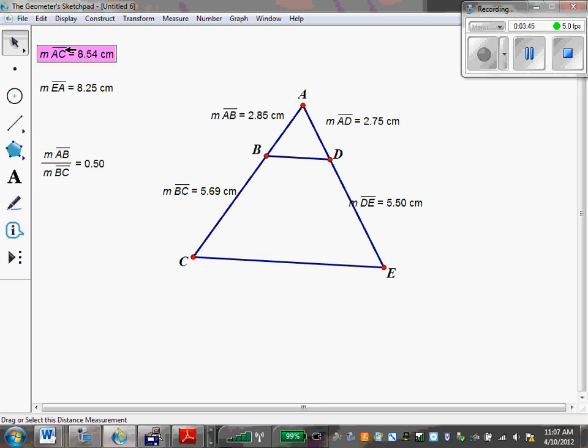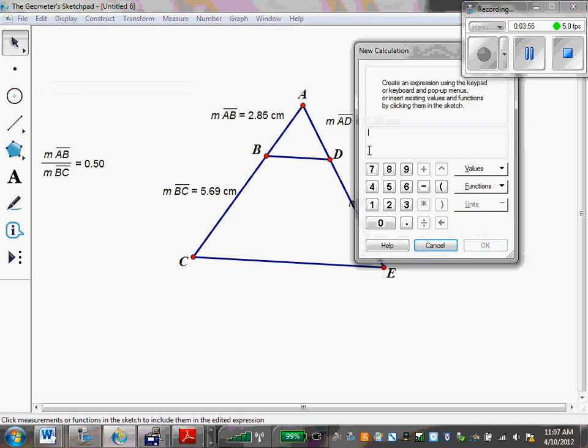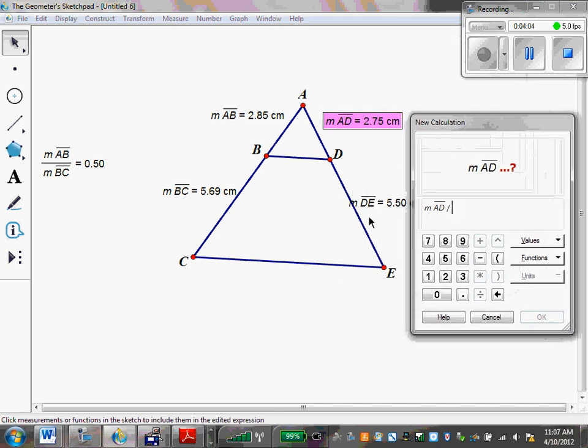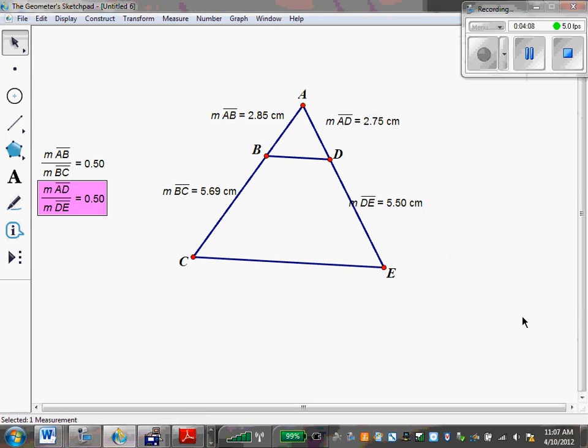I could probably hide these two. Don't need them. And then I'm going to do the same thing on the other side. So let's go back to the calculator and let's do line segment AD, and we want to divide it by segment DE. And look, they are in the same ratio.